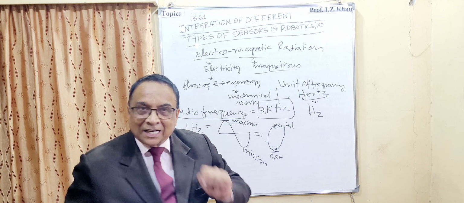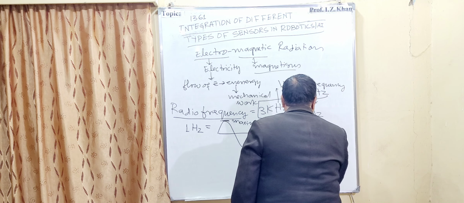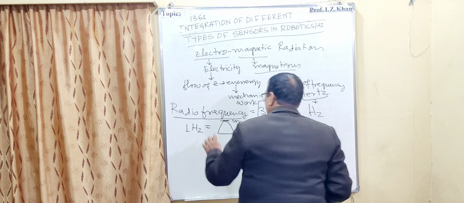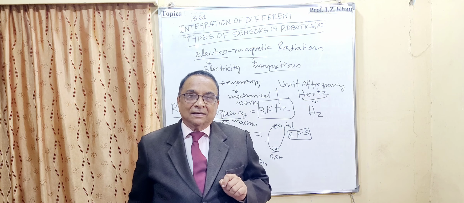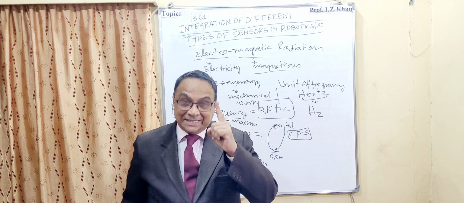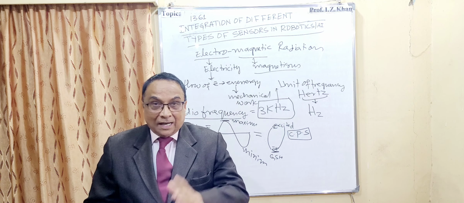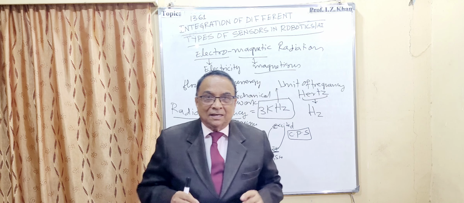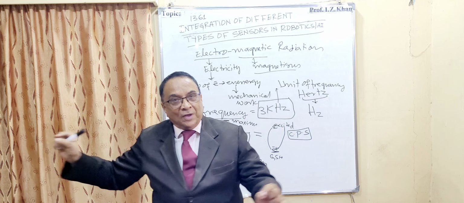That is called cycle per second, CPS. So any event, cycle per second I call it, is called 1 hertz, 1 Hz. Remember it. 1 Hz means maximum and minimum.